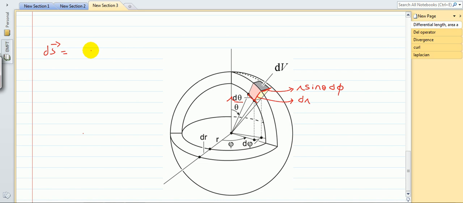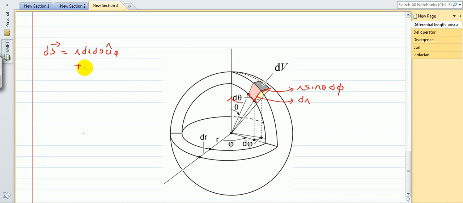So we can write the differential surface vector for this. If I consider different surfaces, like this pink one, then the variables are r d theta and dr, and the unit vector will be in the direction of phi. So for this it will be r dr d theta a phi cap, plus if I consider this gray surface, then the variables are r sine theta d phi, and this one is r d theta.